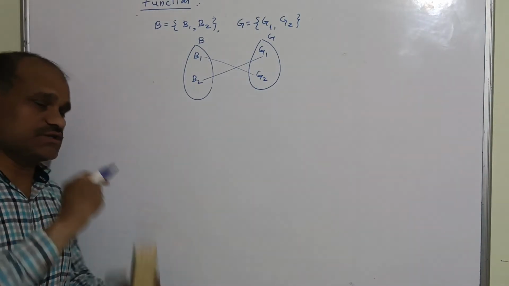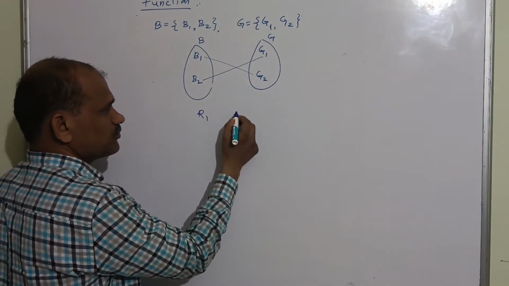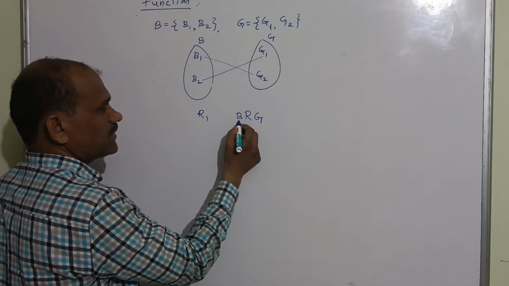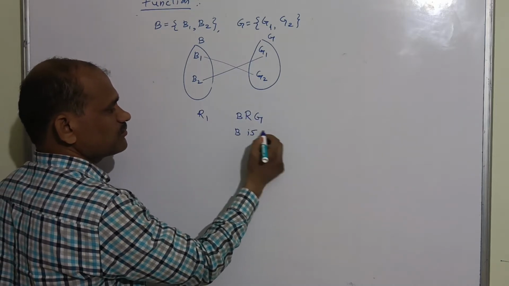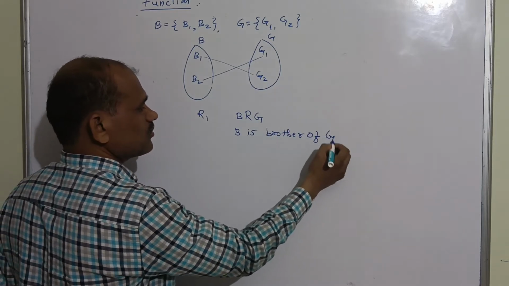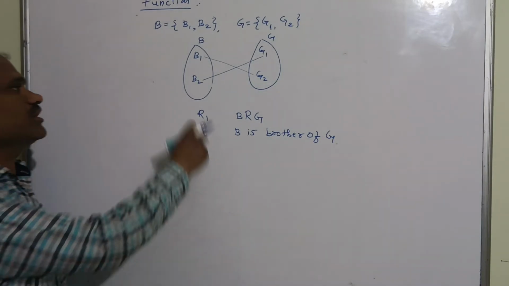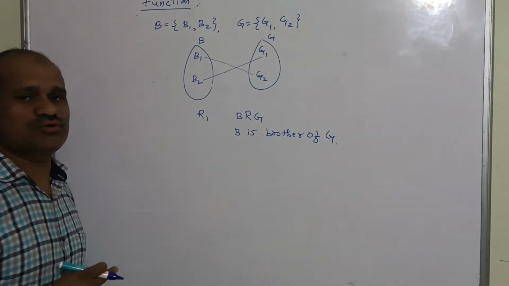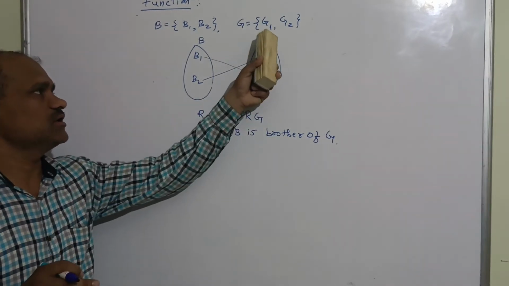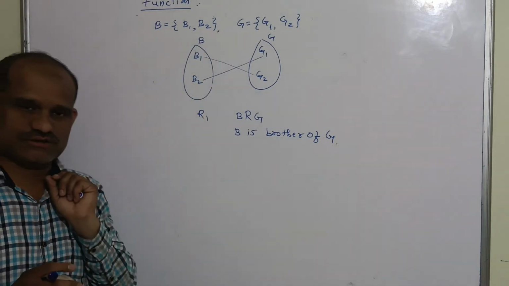So the previous relation, what is that relation? Relation R1: boy B is related to girl G, and B is brother of G. This is a function because every element B1, B2 is related to an element of G. So this is called a function.